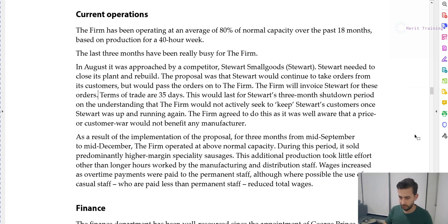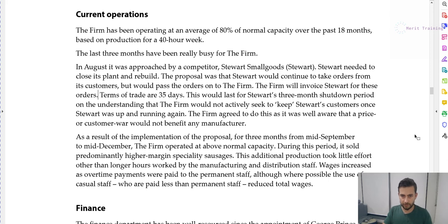So the first thing I'm going to say is: impact of referral agreement equals firm at above capacity for 3 months, sold higher margin specialty sausages, additional production took no incremental costs other than extra staffing hours.